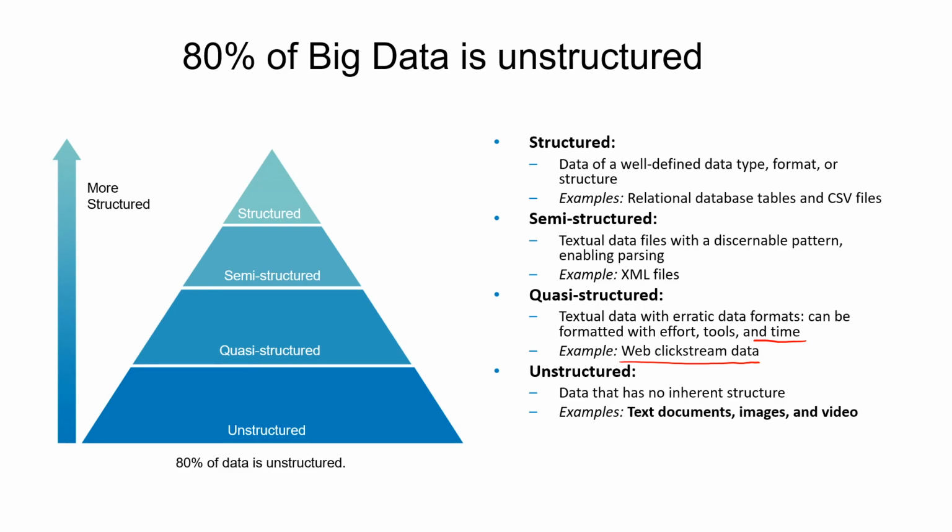And of course, the unstructured data is the data that has no inherent structure. So an image. What is in an image? If I send you an image, it's just zeros and ones. Humans understand images, but machines usually don't.